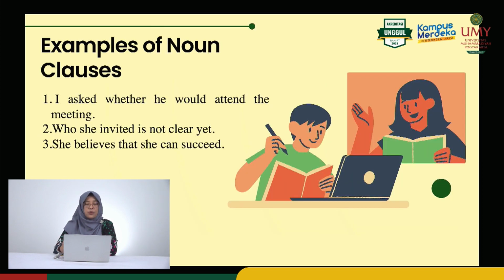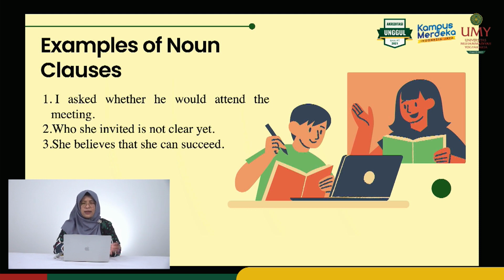Right. Now, what are the examples of noun clause? So the first one is, I asked whether he would attend the meeting. If you notice, whether he would attend the meeting here is the noun clause. And it functions as the object of the sentence.